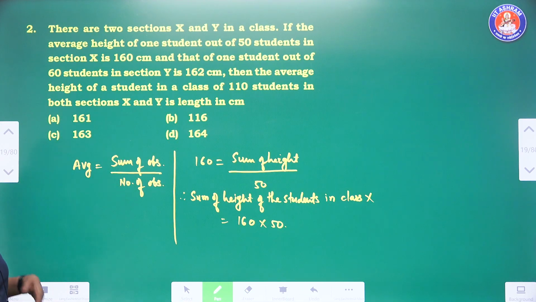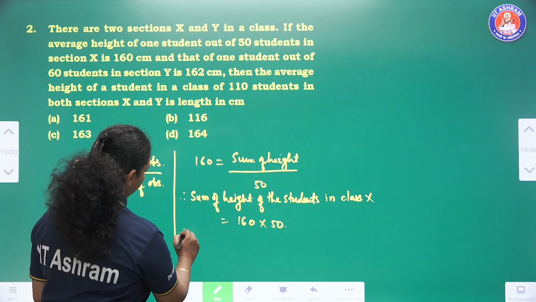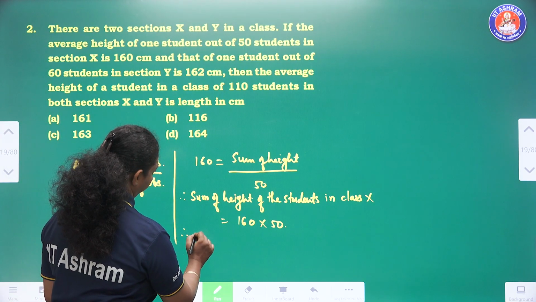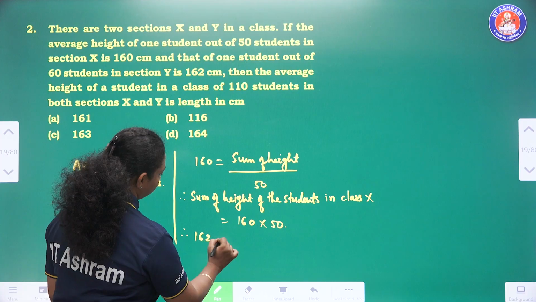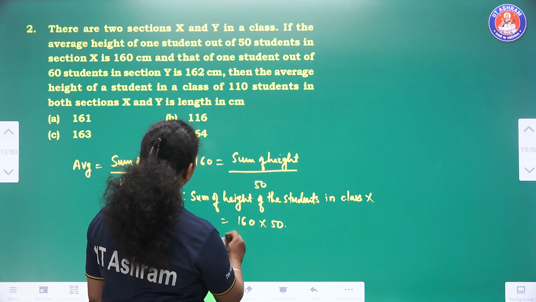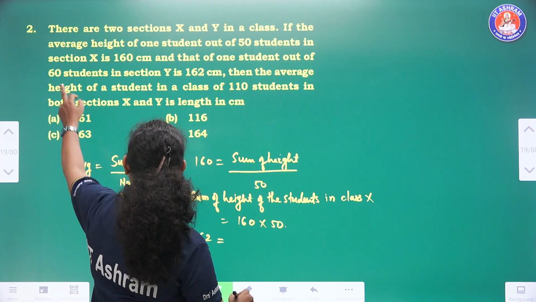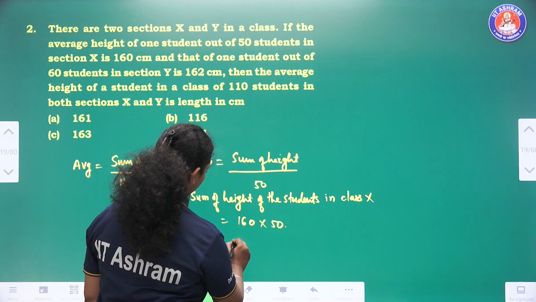Same way we can find the sum for the students in section Y. 162 is equal to, how many students are there in class Y? 60.